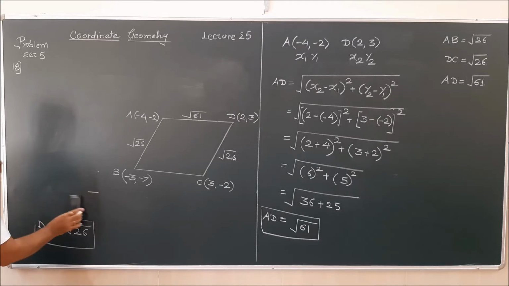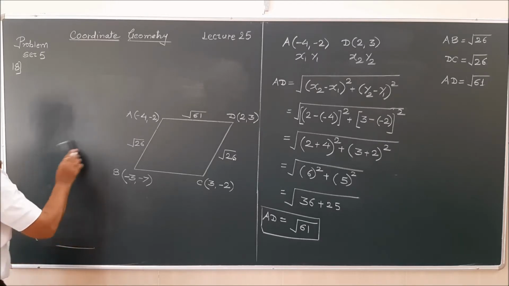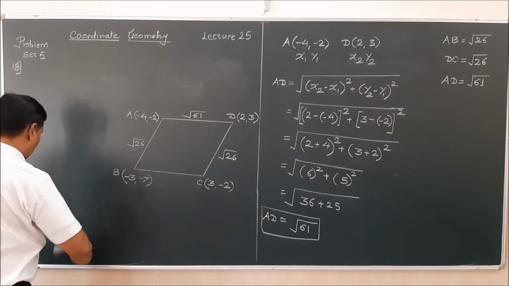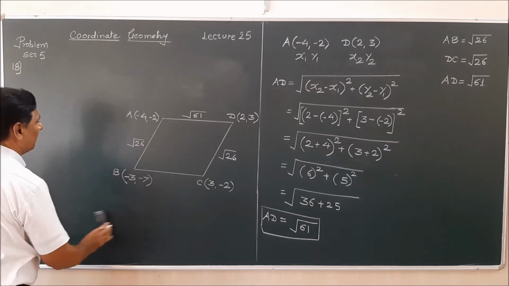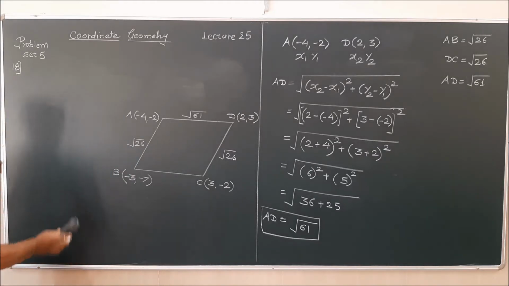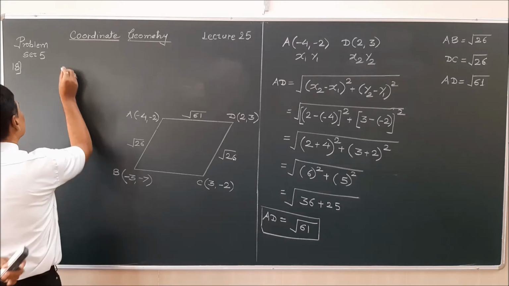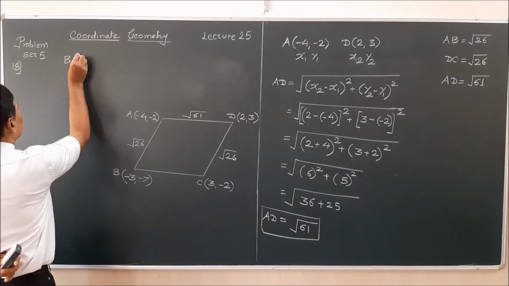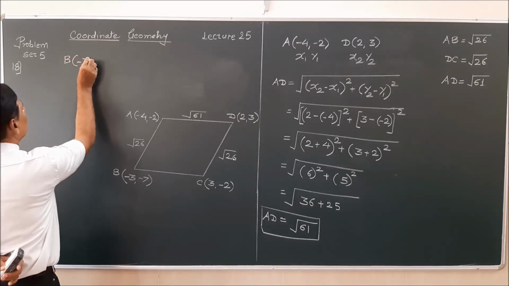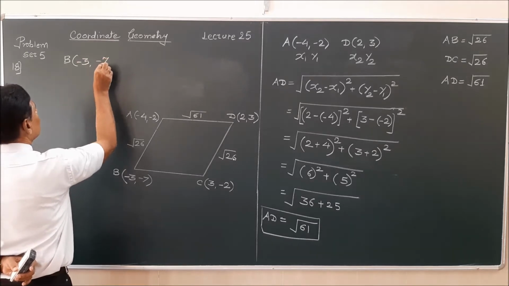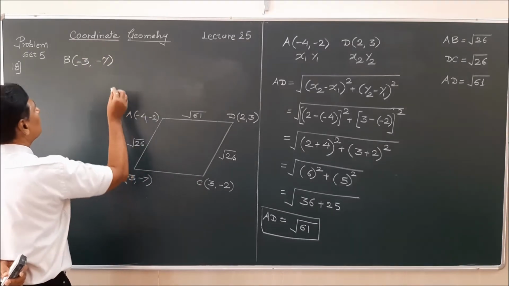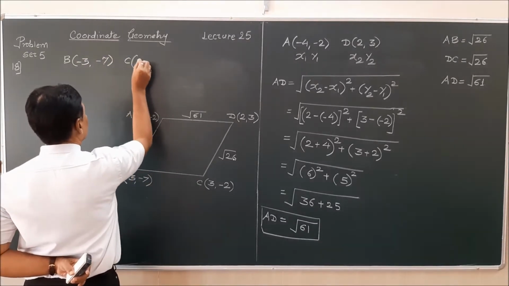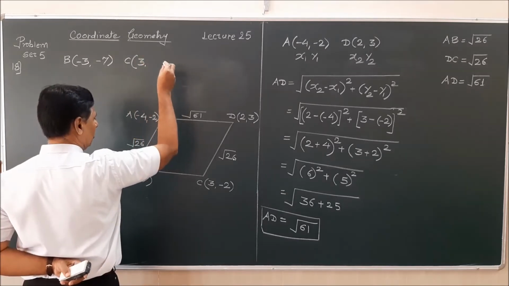So length of BC is equal to... coordinates of B are minus 3 comma minus 7, and C are 3 comma minus 2.